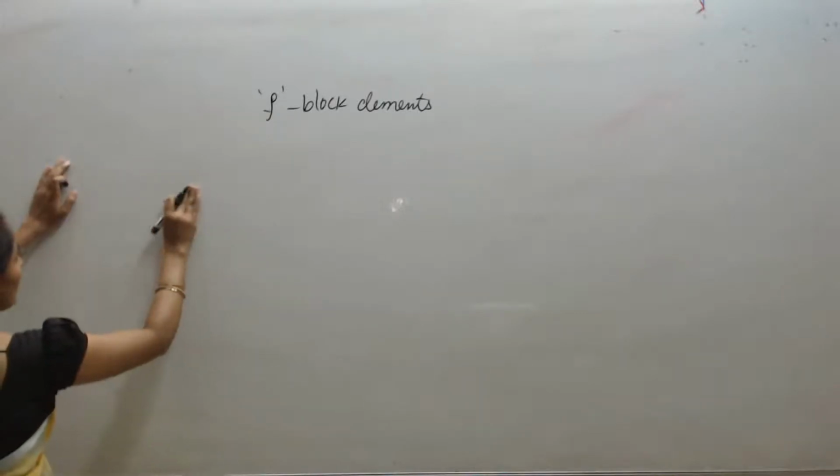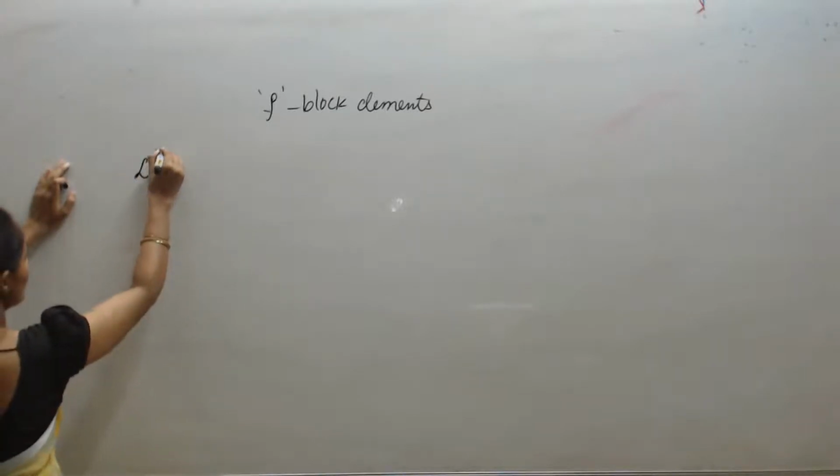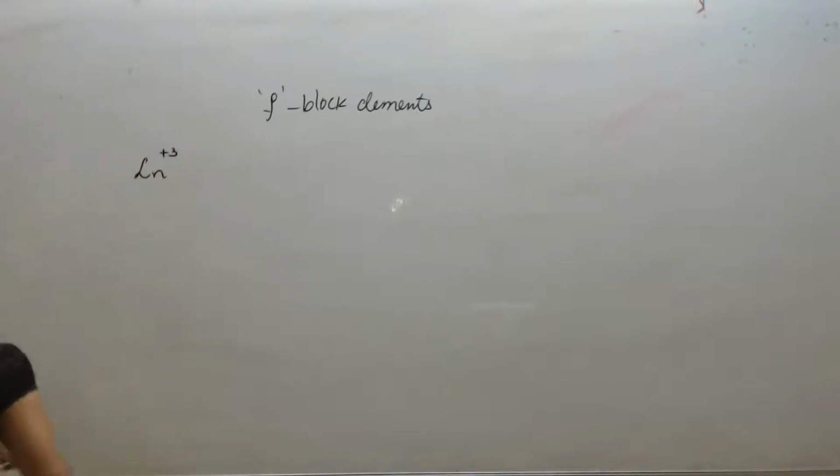So the next one, students, is chemical properties. For lanthanides, I write the properties. As I told you, they are stable in the +3 oxidation state.